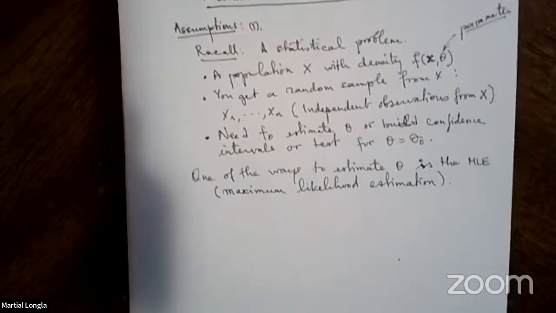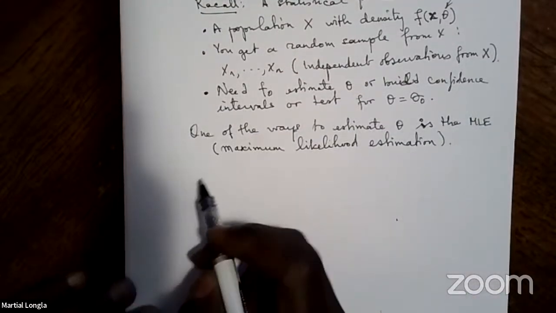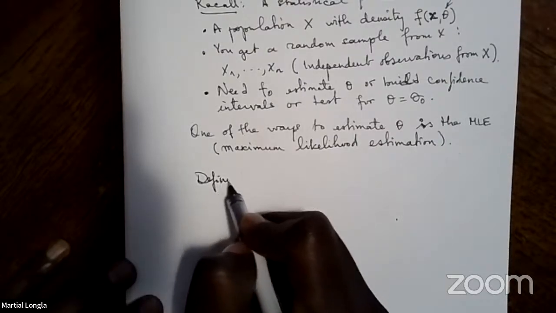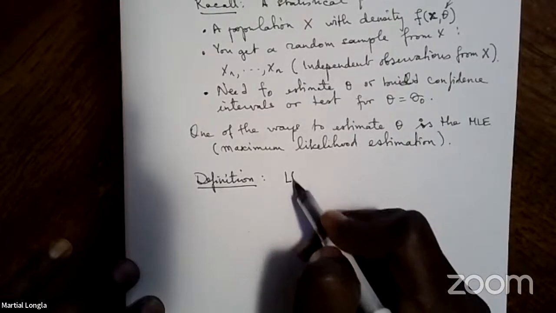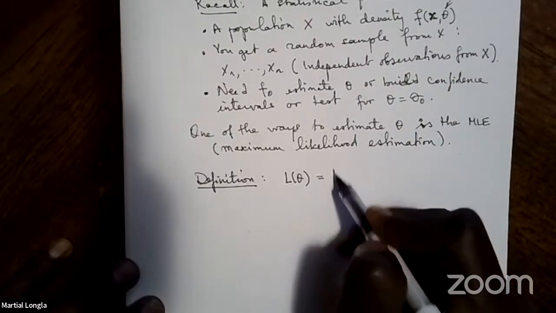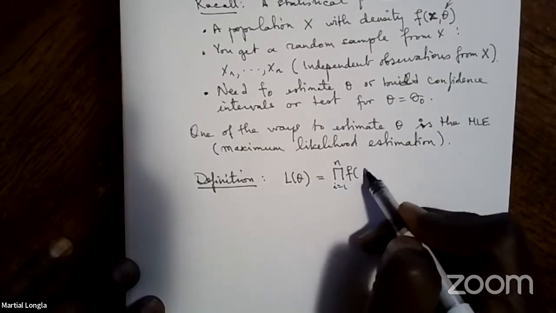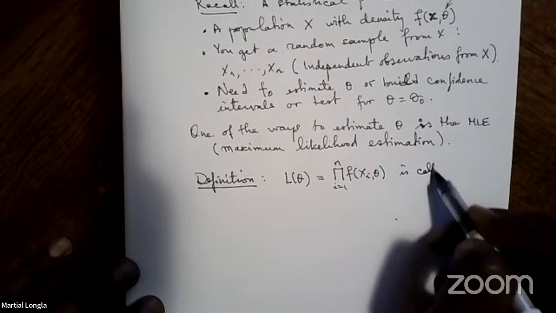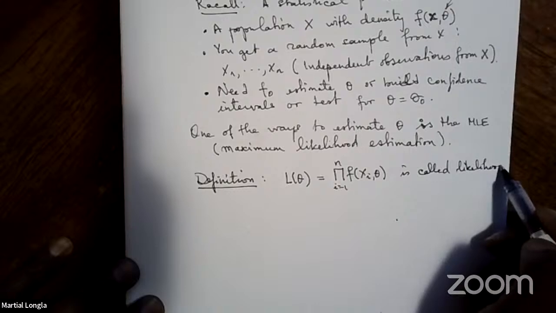Yes, Dr. Longla. Let's see, how do we define the maximum likelihood? So, definition: say L of theta equals the product, i from 1 through n, of f of xi, theta, is called the likelihood function.